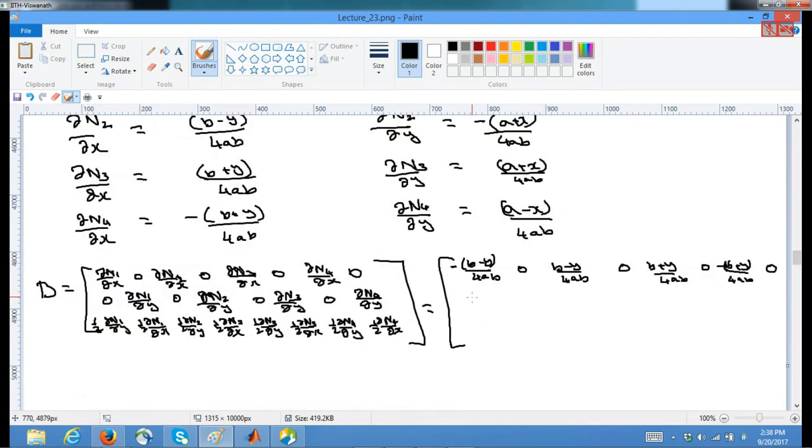Similarly, the next row begins with 0, then minus (a minus x) by 4ab, 0, minus (a plus x) by 4ab, 0, (a plus x) by 4ab, 0, and (a minus x) by 4ab.